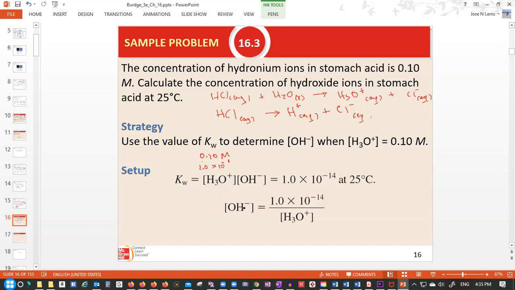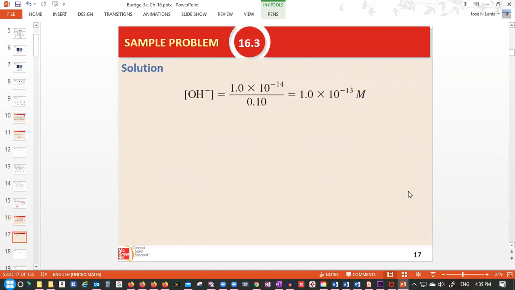So concentration of OH minus equals 1.0 times 10 to the negative 14, which is Kw, right? Over concentration of H3O plus. We already know this. Just put that number over here and let's find what is the new concentration. And that's what you get.